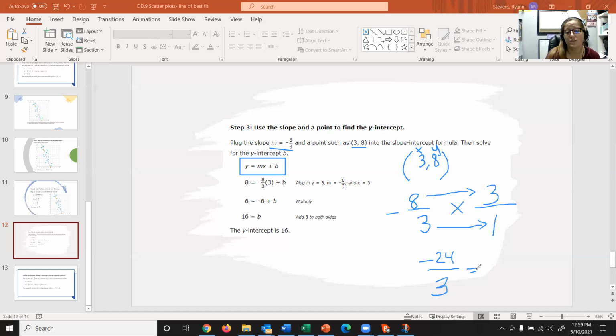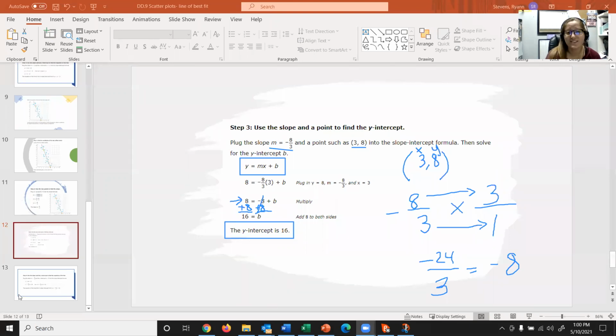Negative 24 divided by a positive 3 gets us an answer of negative 8. So up here we have 8 equals negative 8 plus b. In order to get b by itself, we've got this one-step equation. We have a negative number, so we're going to add this number to both sides and cancel this out. Then 8 plus 8 gives us 16, which means that the y-intercept of this line is going to be 16.